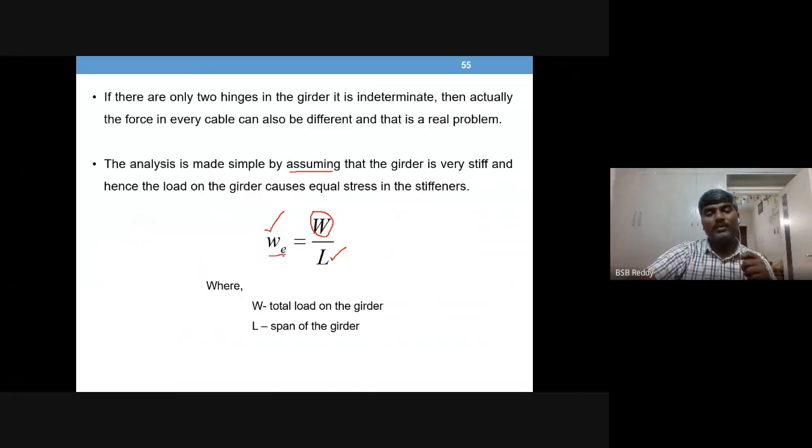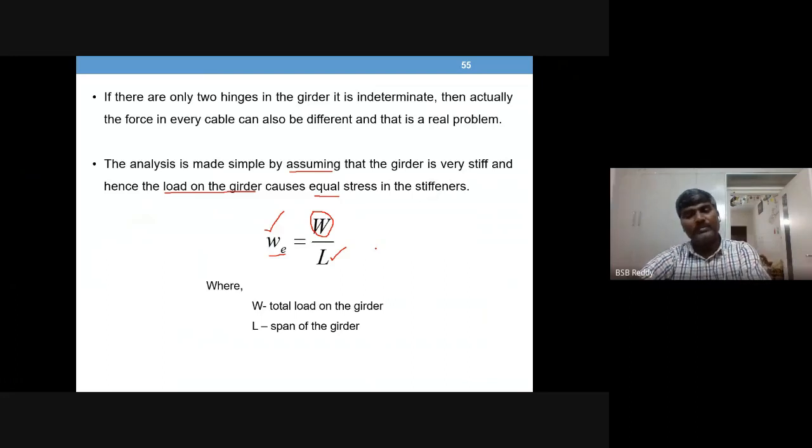That's why we need that extra equation. So we are taking an assumption that the total load on the girder shall be equally distributed onto the total span of the girder.